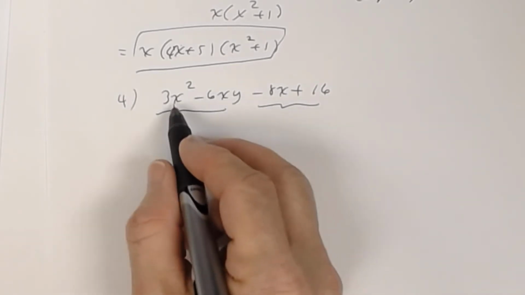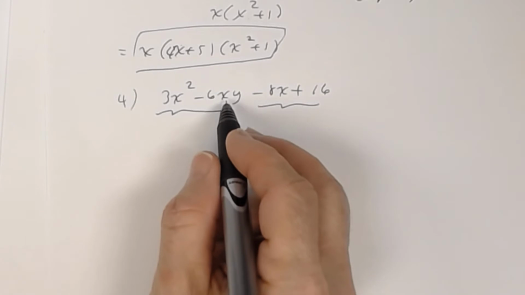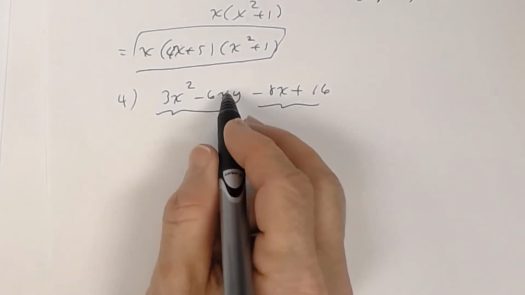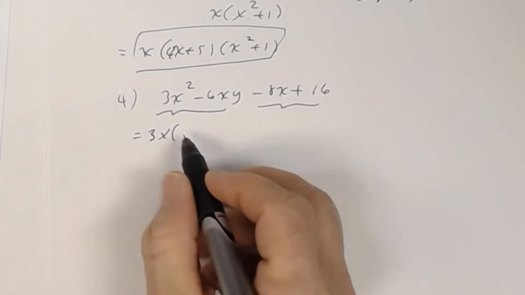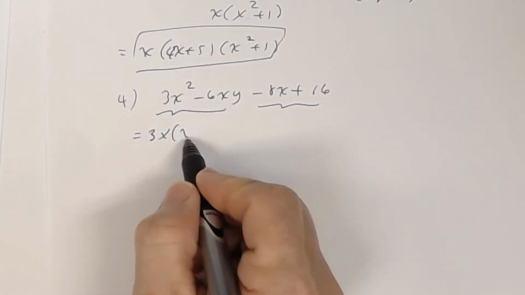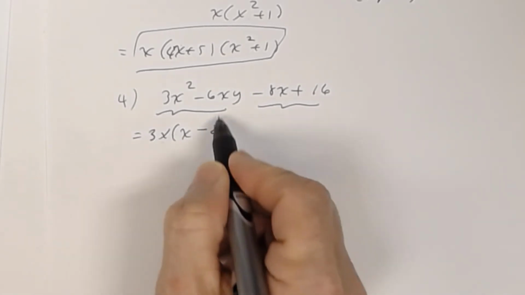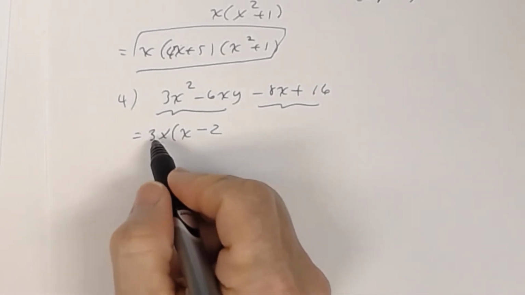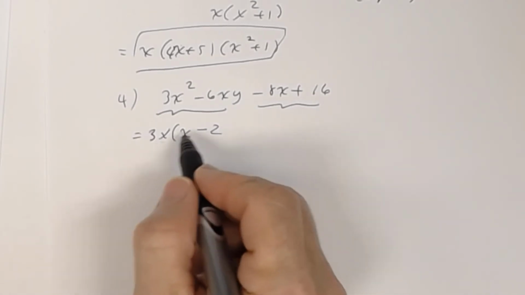So here, if you look at this, the GCF is a 3, and then I have x's in both of them, right? So I'm going to factor out just one factor of x. So I'm going to factor out a 3x, and so 3x times x is 3x squared minus, and then 3 times 2 is 6, and then x, I already factored out the x, so don't put an x here because you already factored that out.